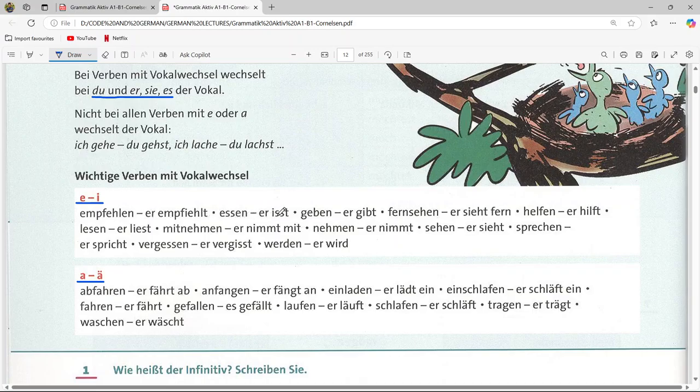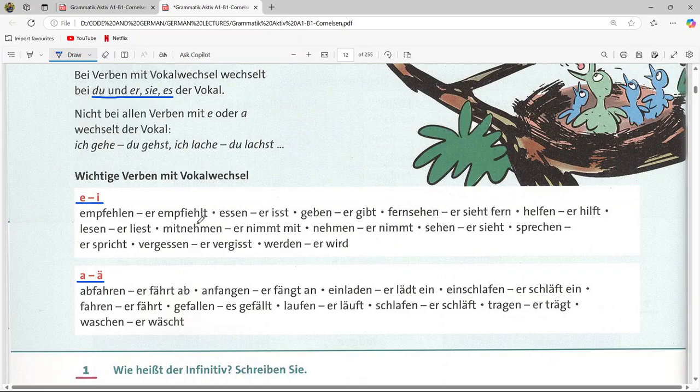Essen becomes isst, geben becomes gibt. So essen means to eat, geben means to give. Fernsehen means to watch TV. Okay, so sehen, this verb is changed to sieht. Okay, helfen to help, hilft. Lesen to read becomes liest.